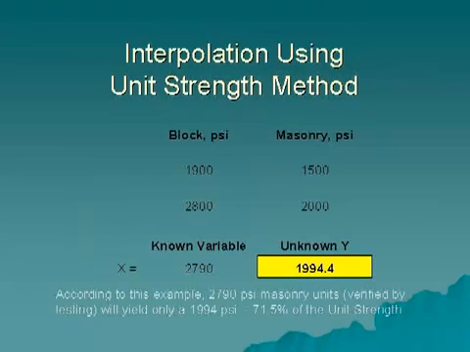Here is an example using the unit strength method when calculating F'm using the tested block we presented earlier. As you recall, that block had a net compressive strength of 2,790 psi.